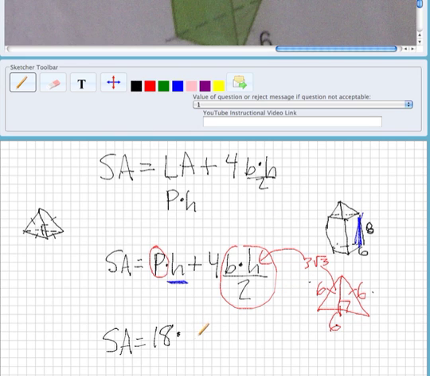So this is going to be 8. 18 times 8 plus 4 times base times height. We know the base is 6 and the height is 3 rad 3, so it's all those multiplied together divided by 2. And we can just cancel these out and times this by 2.